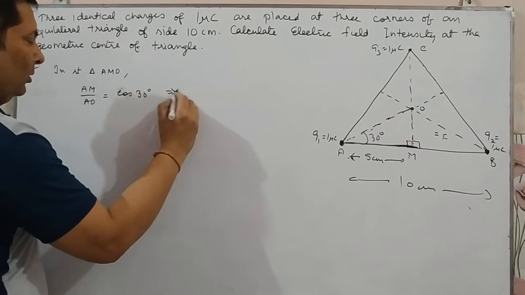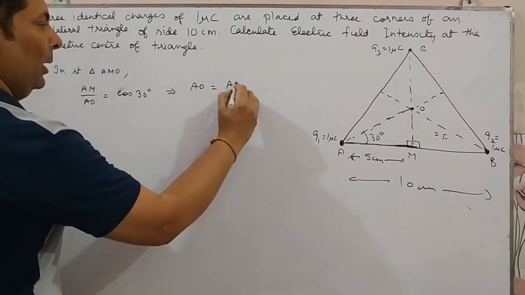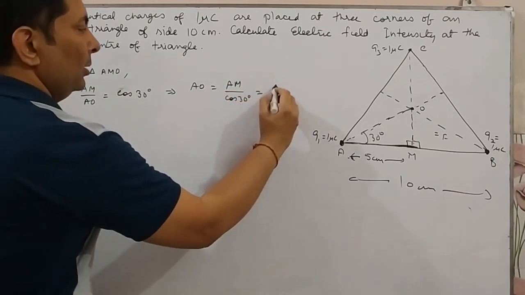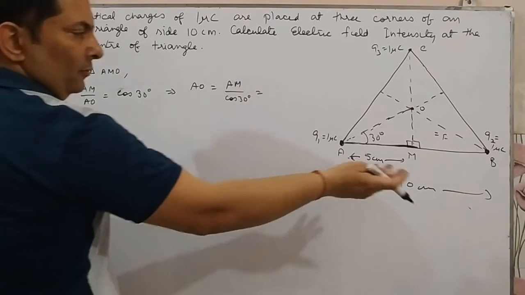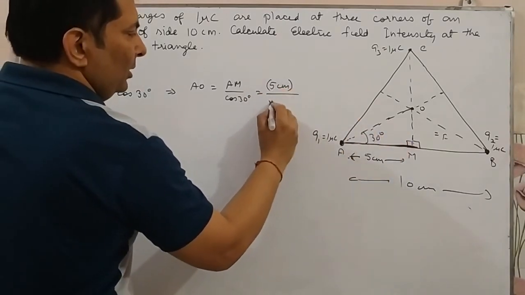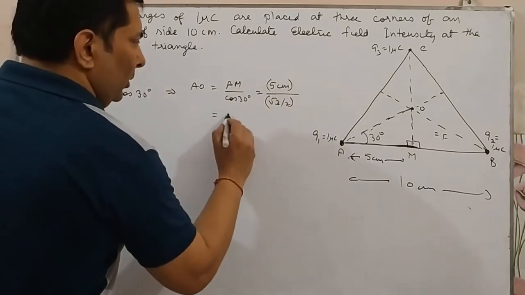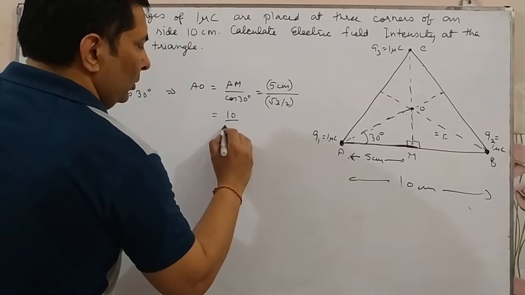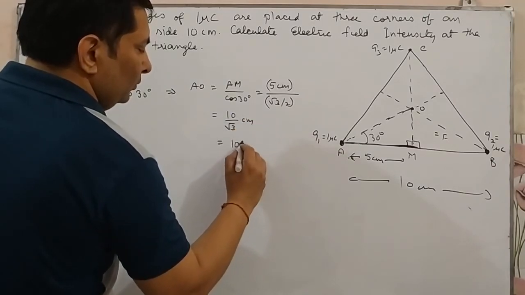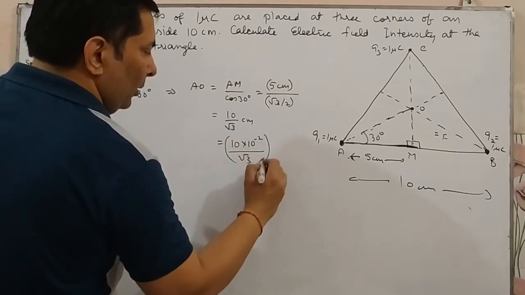Next we have AO equals AM divided by cos 30 degree. AM is half of AB, that is 5 centimeter, divided by root 3 by 2, the value of cos 30. This comes out to be 10 upon root 3 centimeter, or you can say 10 raised to minus 2 divided by root 3.